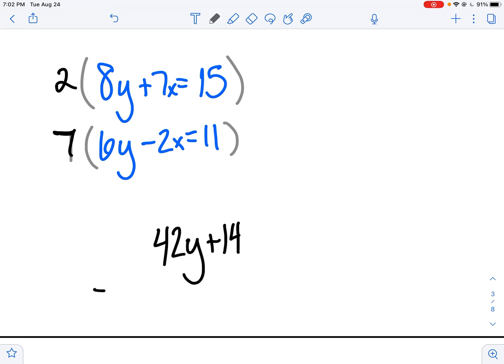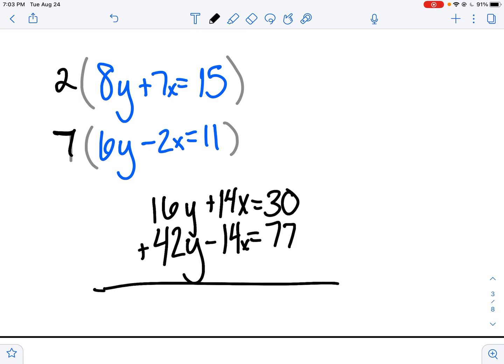Actually, let me make that positive 42y minus 14 equals 77, and 16y plus 14x equals 30. And then my x's would reduce to 0 because they have opposite coefficients, and 58y equals 107.